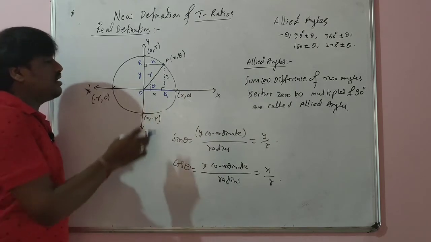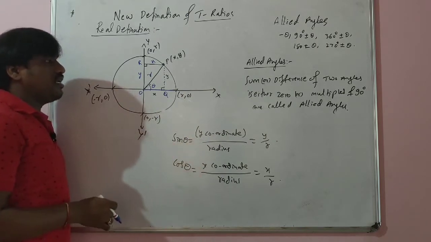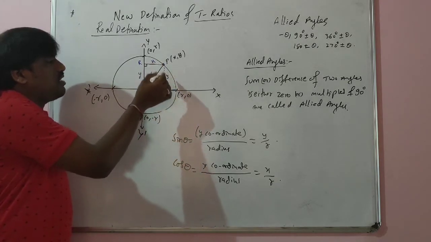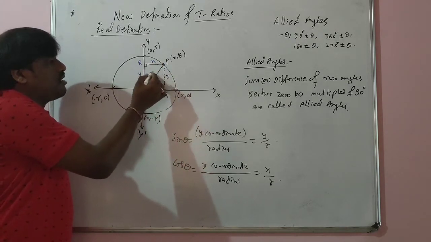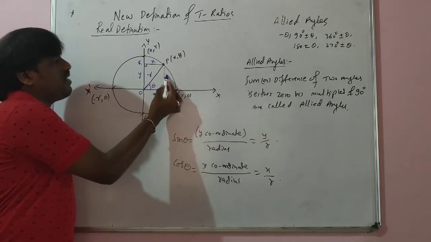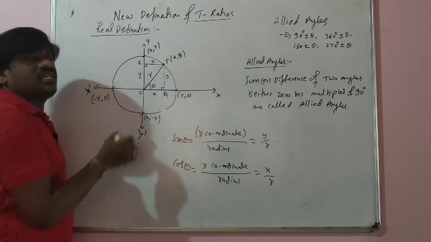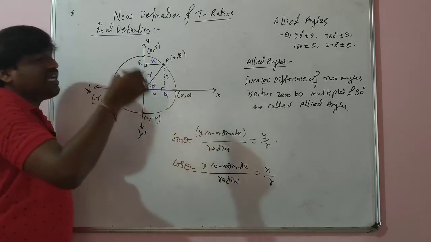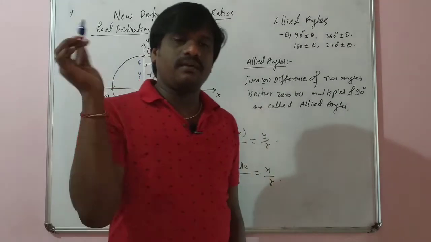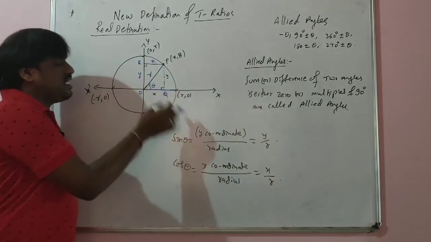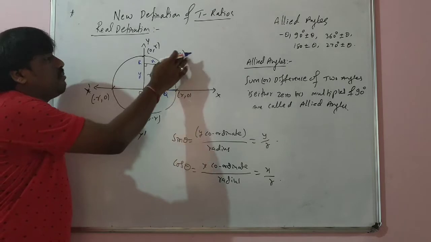Hope you are understanding. So sine theta is equal to opposite by hypotenuse. What is opposite here? The y coordinate. Hypotenuse here is the radius. So if you observe in terms of the circle, the definition is: sine theta is the y coordinate by the radius.